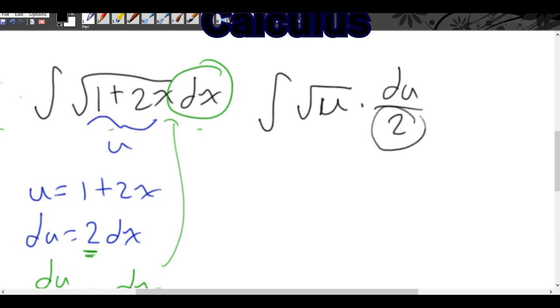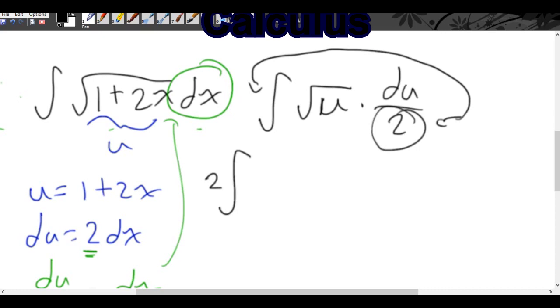Now this is actually a constant and does not affect the integration, so it is going to move outside the integral, which gives us 2 times the integral of the square root of u du.